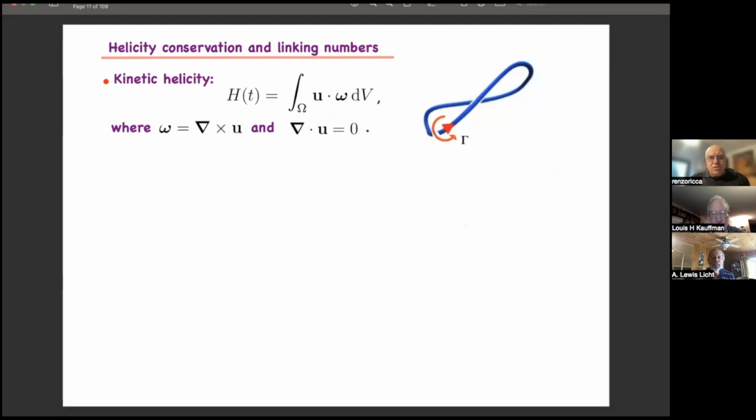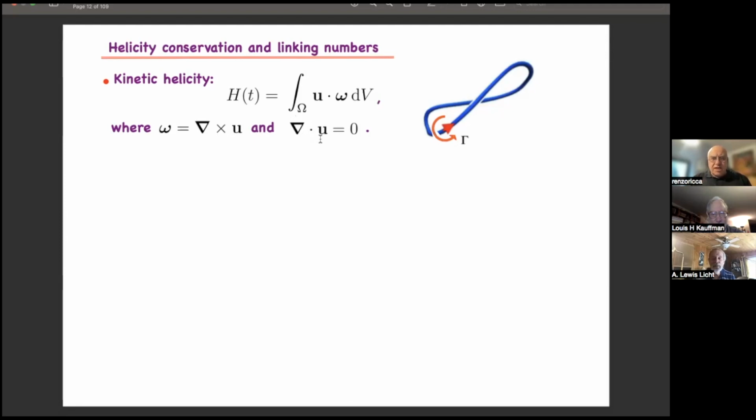Let me remind you of the key concepts that will play a role in this. One is helicity. Helicity is just given by the integral of the velocity field times vorticity over the volume of vorticity. And we assume that the volume of vorticity, in our case highly localized vorticity in thin tubes, has a boundary that is a vortex surface. Plus, we assume, for simplicity, a divergence-free condition for u.